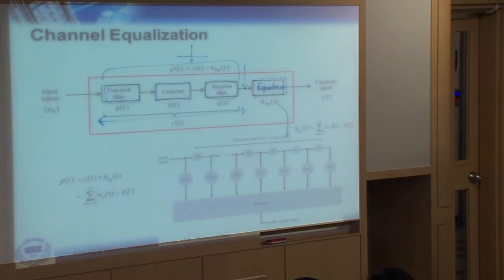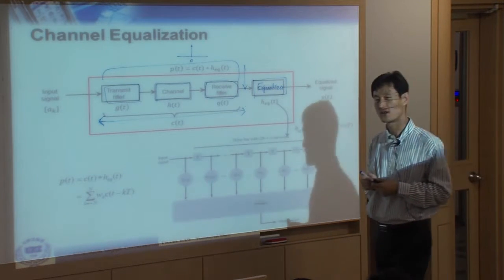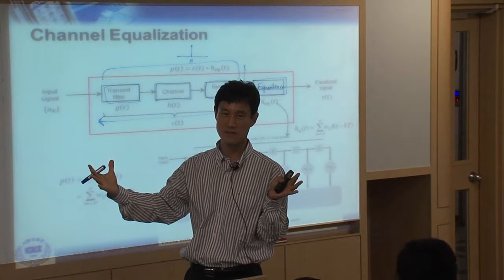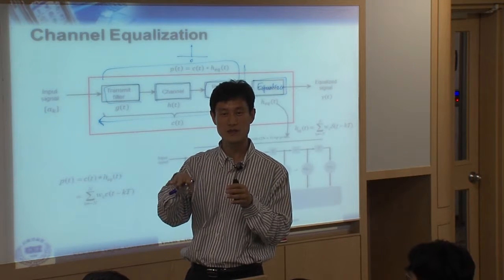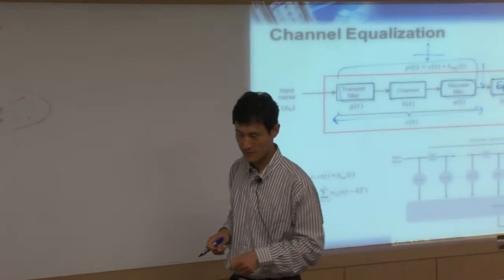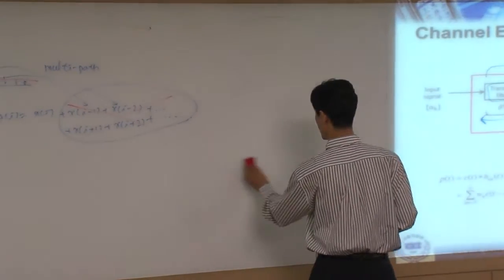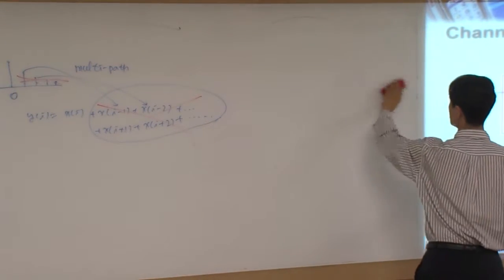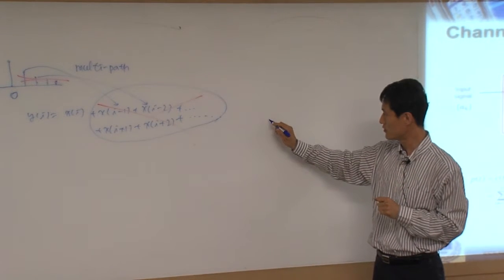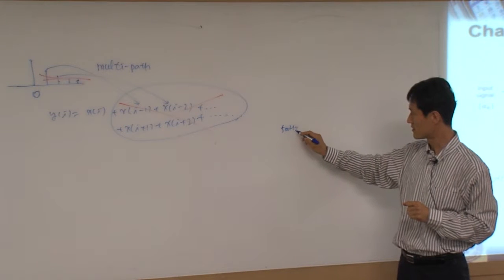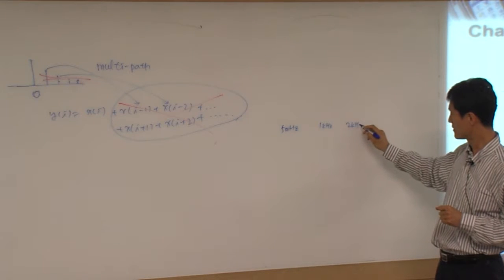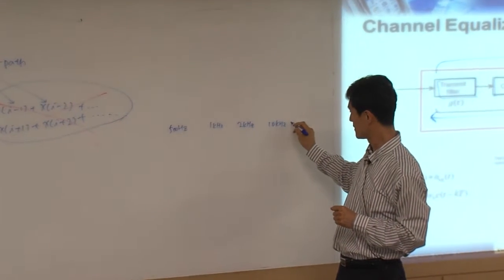Let's take a look at the name first. Why do we call this one an equalizer? Maybe you can look at the audio system. Probably you heard about equalizer, right? In that case, why do you call that an equalizer? Let's look at the equalizer here. When you look at the audio, maybe you see 500 hertz, maybe 1 kilohertz, 2 kilohertz, 10, something like this.